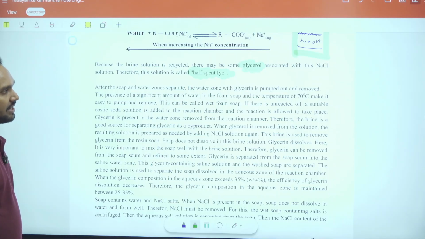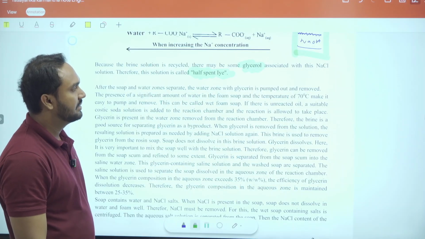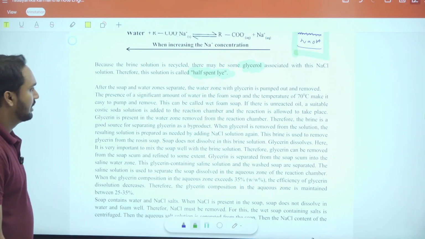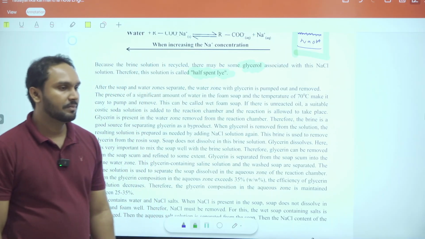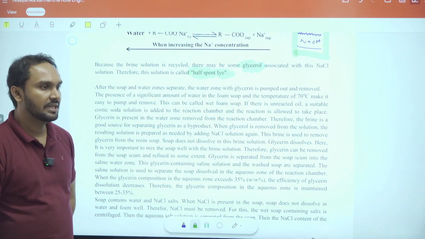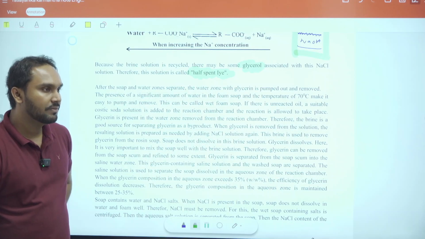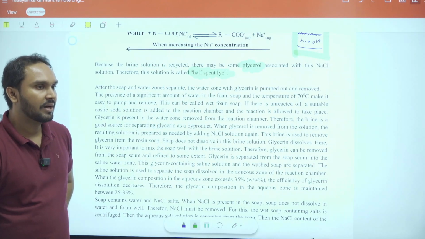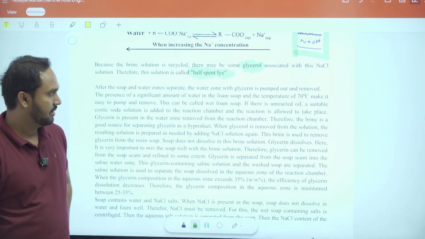If there is unreacted oil, a suitable caustic soda solution is added to the reaction chamber and the reaction is allowed to take place. Now, after the saponification reaction, if there is any of the oil remaining, what do you do? You add a bit of sodium hydroxide to react with that excess oil, right?